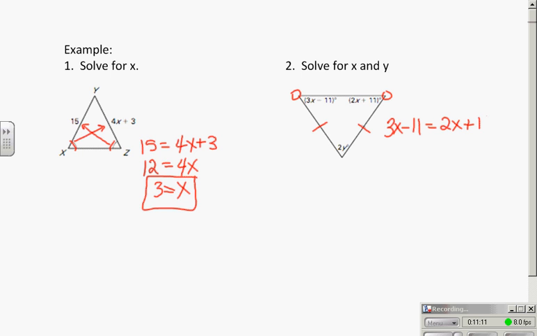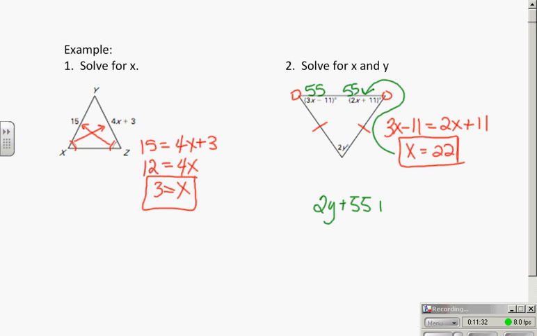In number 2, here are my equal sides. So that means that these base angles are also equal. So I have to start there. 3x minus 11 is equal to 2x plus 11. So x is 22. But I'm not done. In order to find y, I have to take my 22 and put it into these base angles, which end up being 55.